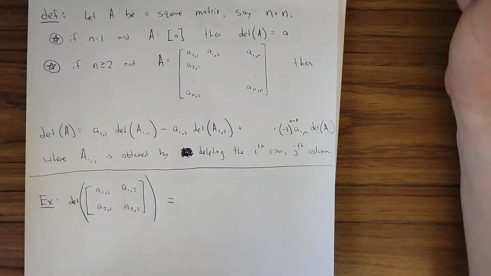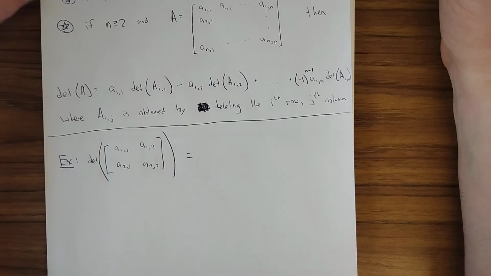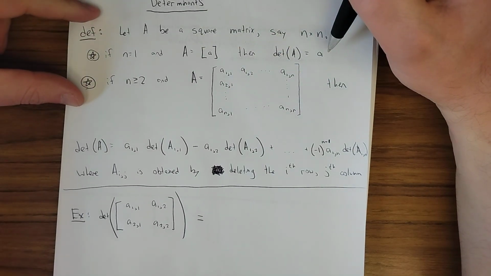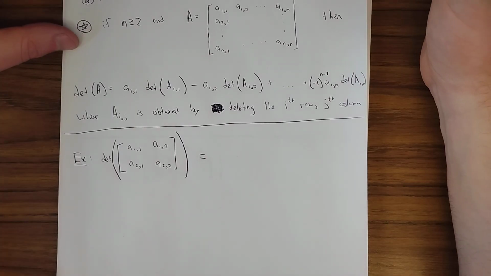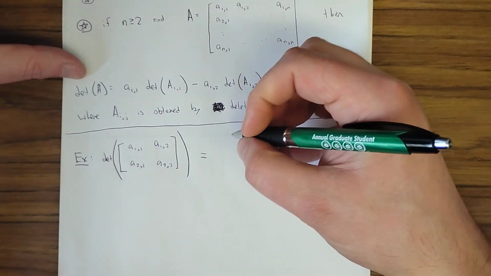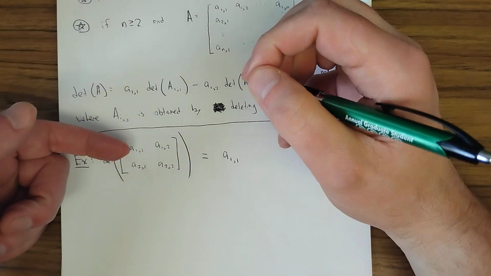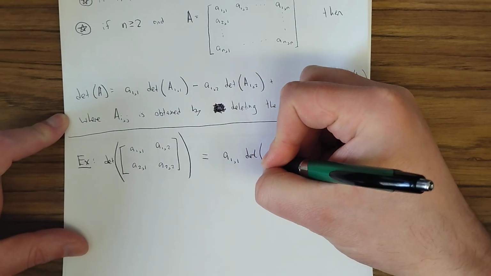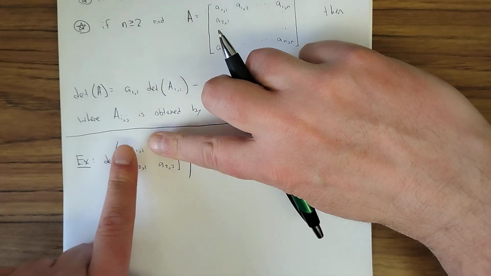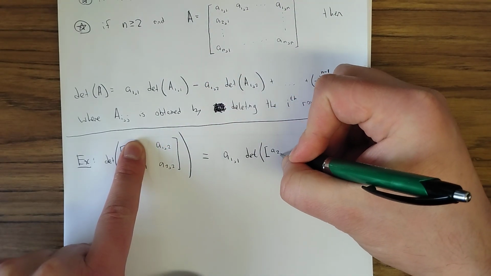Okay. Let's do a simple example. I told you how to do a 1 by 1 determinant. That's really easy. Let's actually use this definition to do a 2 by 2 determinant. I go a1, 1 times the determinant of the matrix that I get by covering this up, which is a 1 by 1 matrix.